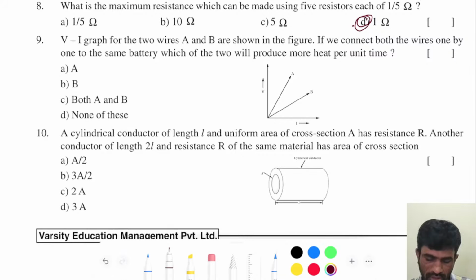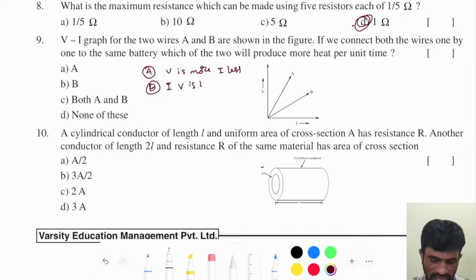Heat produced depends on what? I told you it depends on current and resistance, and also on potential difference. Here a VI graph is given. For A, what do you have more? V is more, I is less. And for B, V is less, I is more.